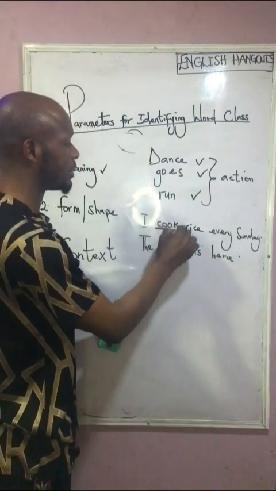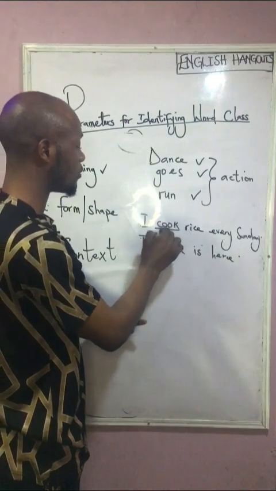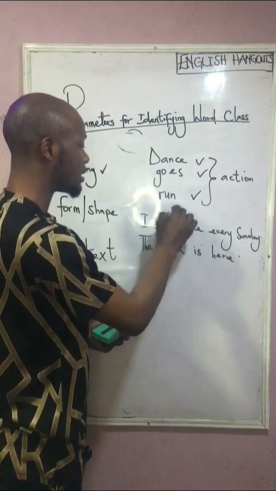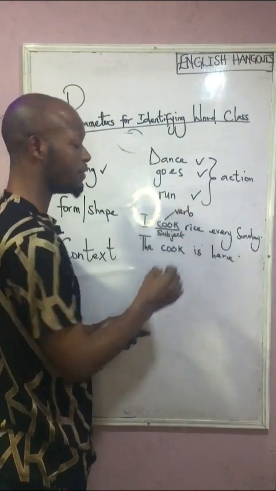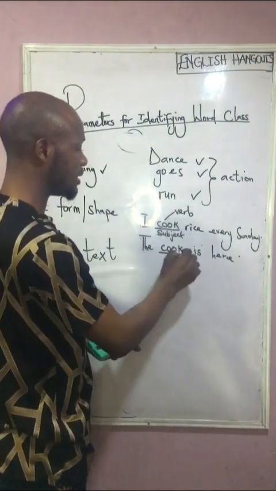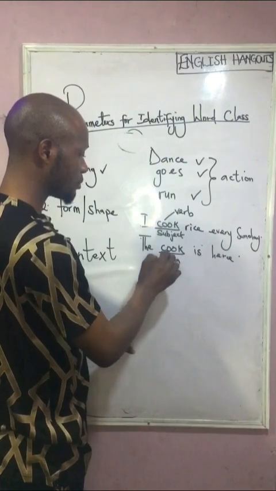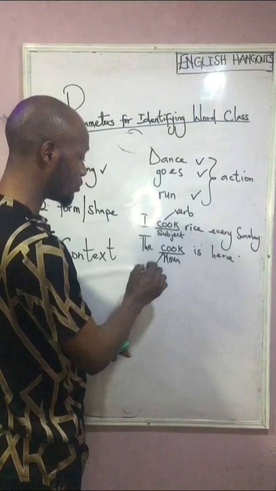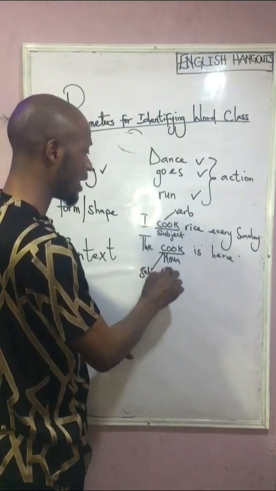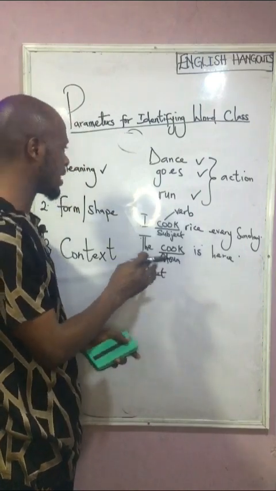The cook here serves as the subject of that sentence. And here it is functioning as a verb, an action. The cook here is a noun, and also the subject of that sentence. Here we have cook as a verb. Here we have this cook as a noun.